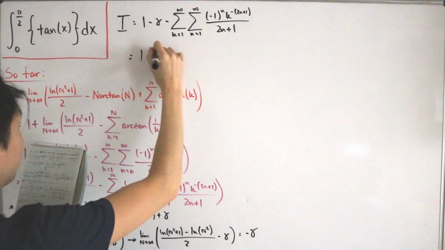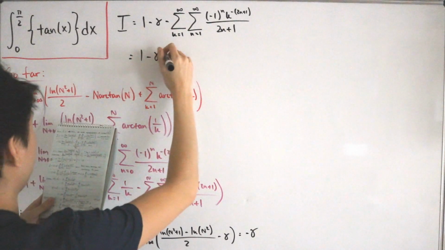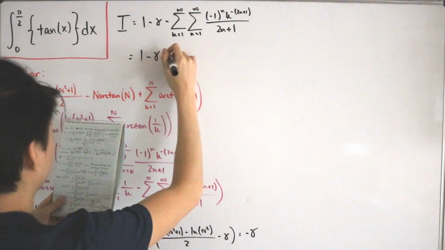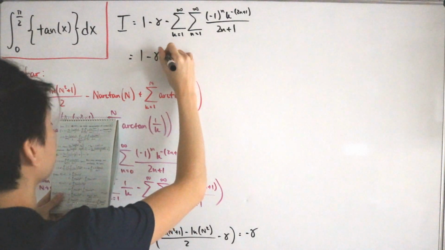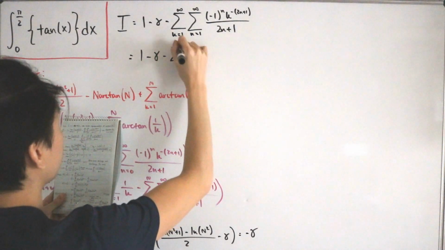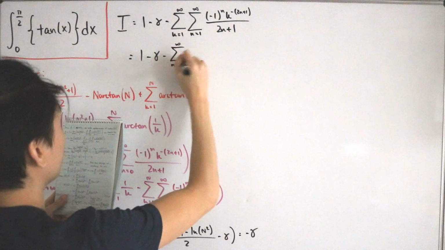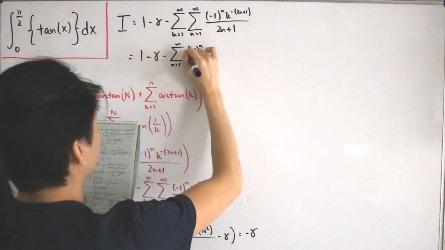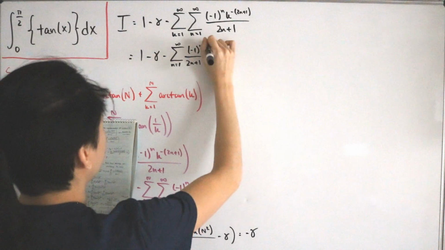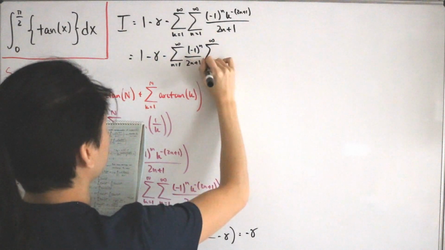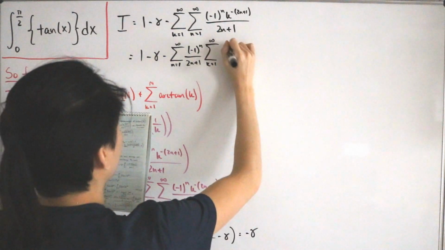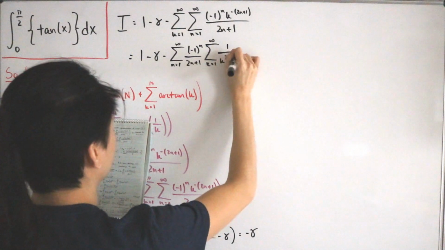So I have 1 minus lowercase gamma, and then subtract, first starting with the index n equals 1, the infinite sum of negative 1 to the power n, divided by 2n plus 1, multiplied by the infinite sum at k equals 1 of 1 divided by k to the power 2n plus 1.